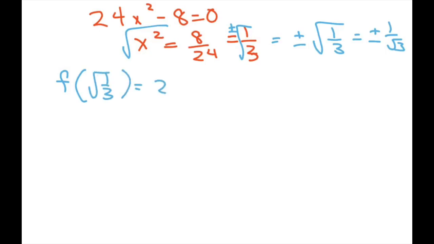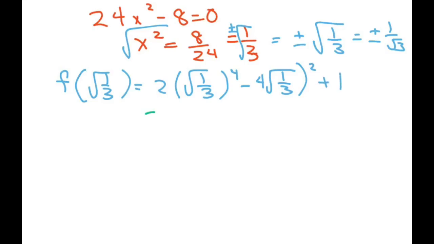That equals 2 times the square root of 1/3 to the 4th minus 4 times square root of 1/3 squared, plus 1. Don't forget your plus 1. I'm not going to forget the plus 1. All right. So this is going to equal 2/9 minus 4/3 plus 1. And this is going to equal negative 1/9.